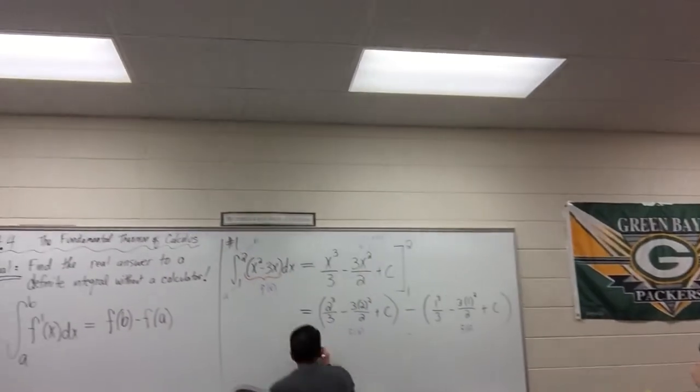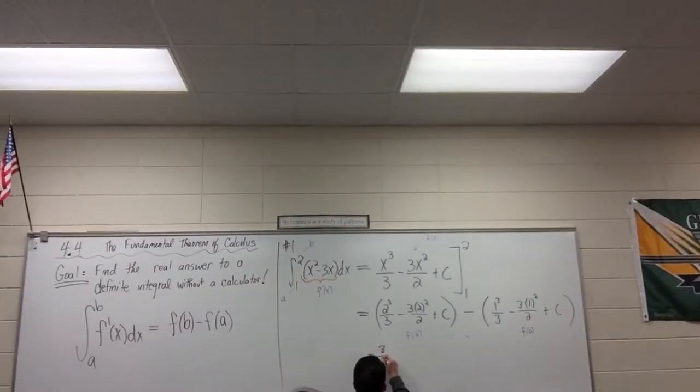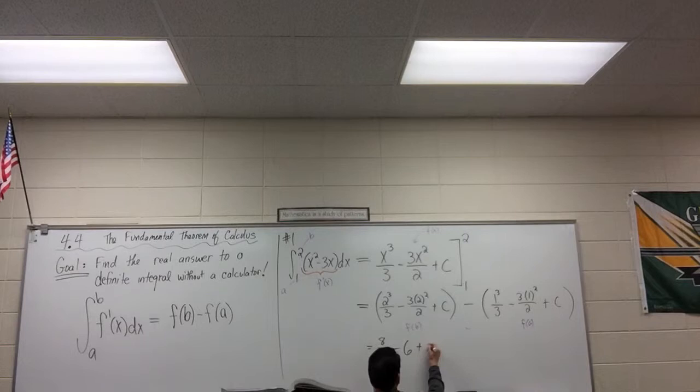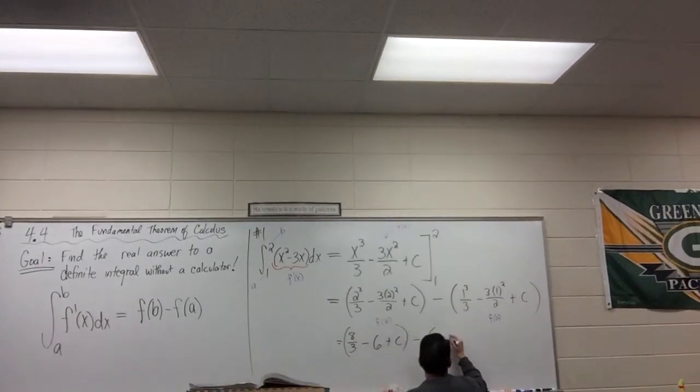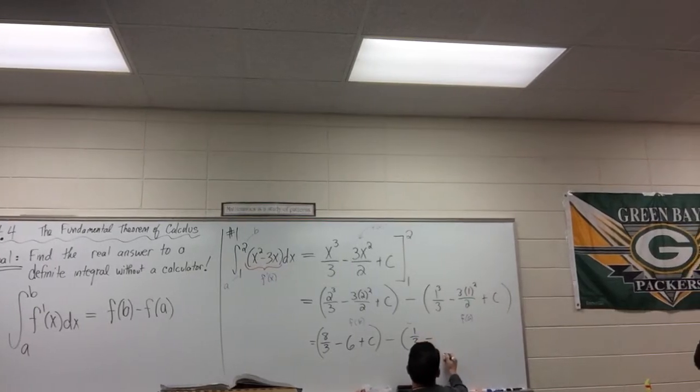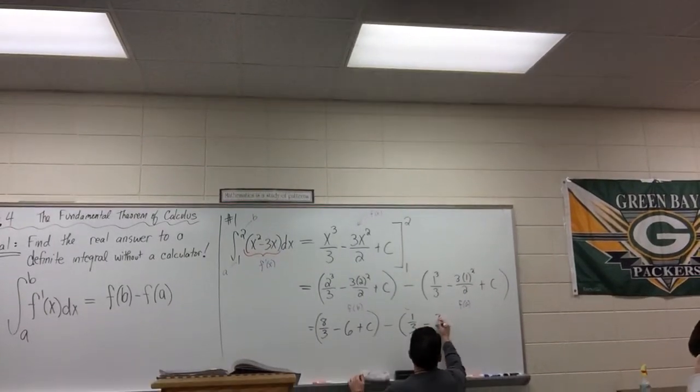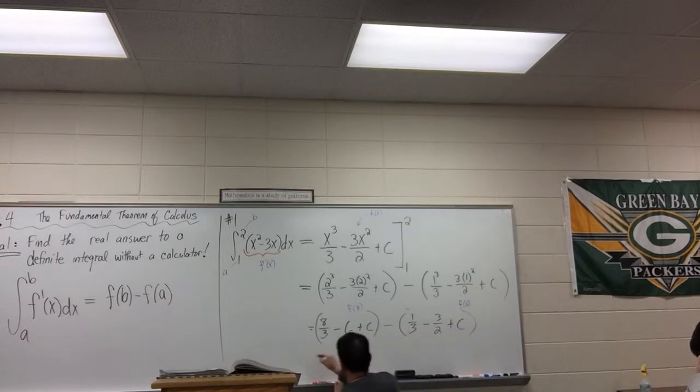2 cubed over 3, that's 8/3. What is this one? 4, 2, 6 plus c, minus 1/3 minus 3/2 plus c.